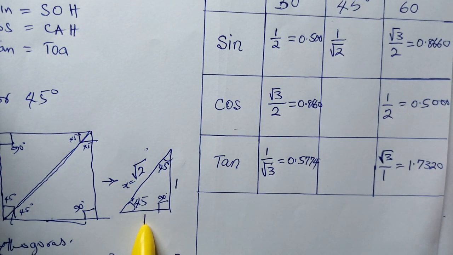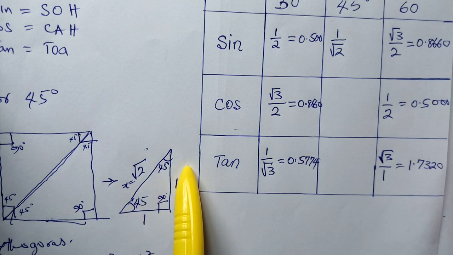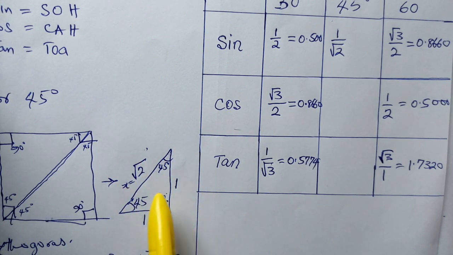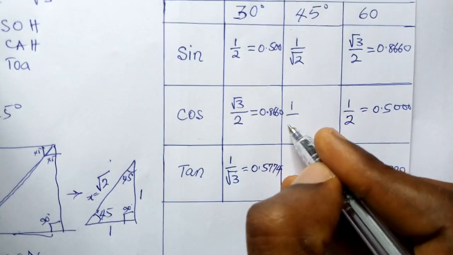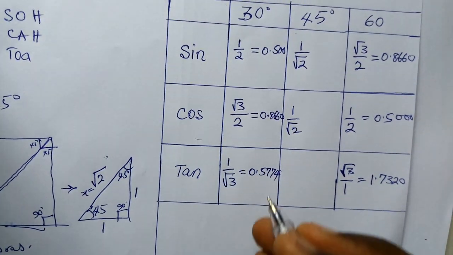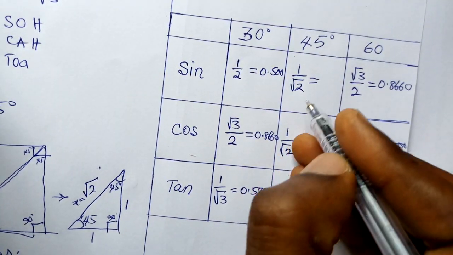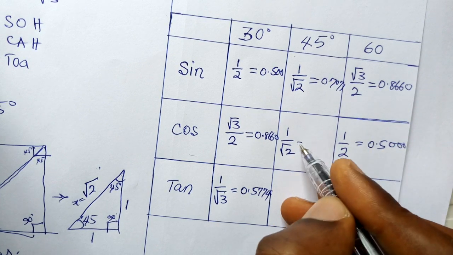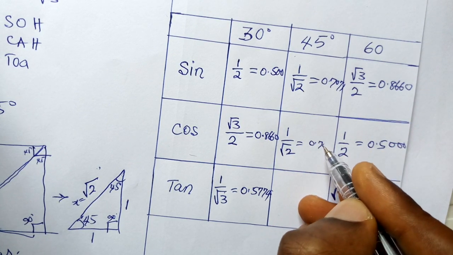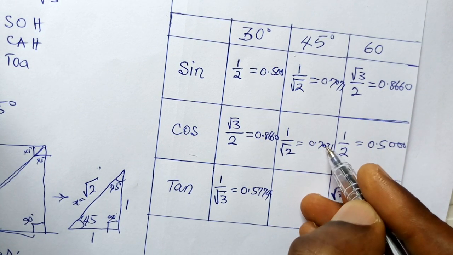Adjacent over hypotenuse for this angle, and for this angle, in each case, it is 1 over root 2 also. 1 over root 2 is equal to about 0.7071.